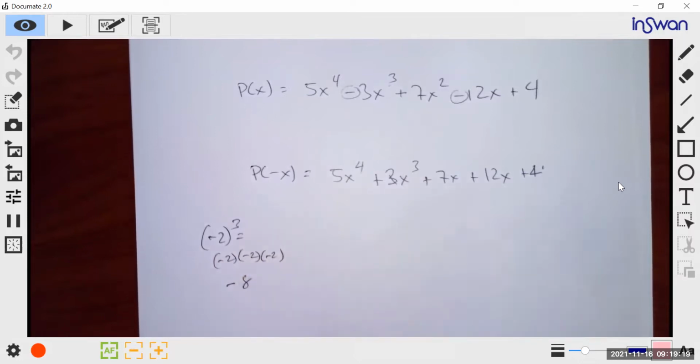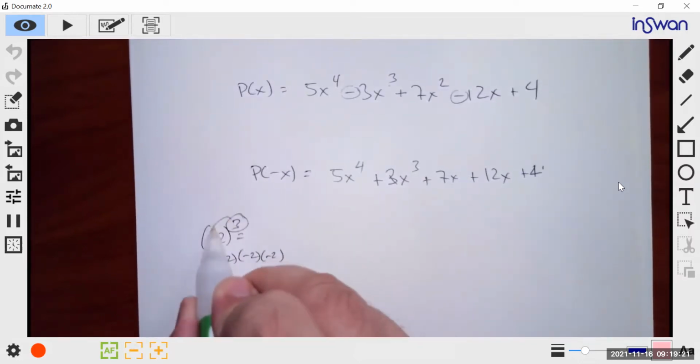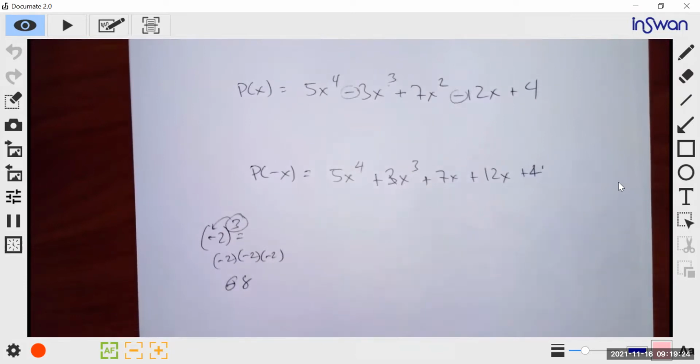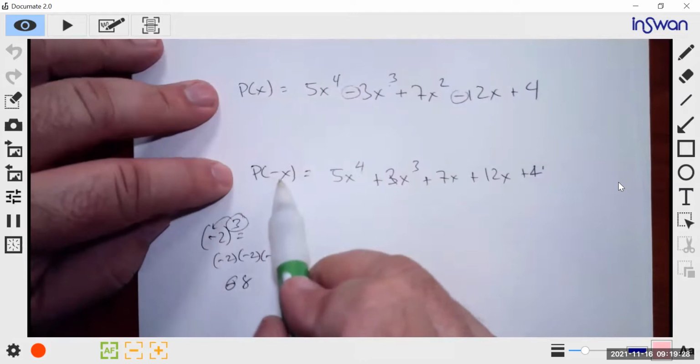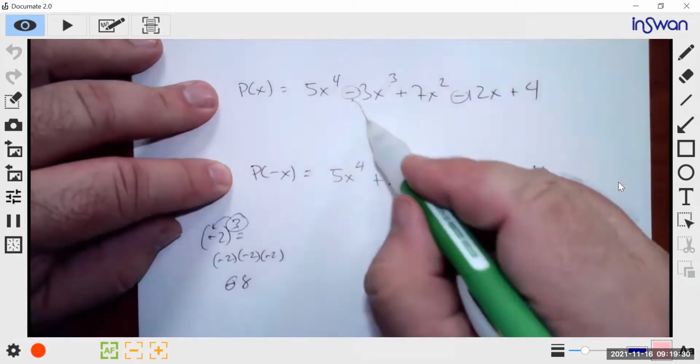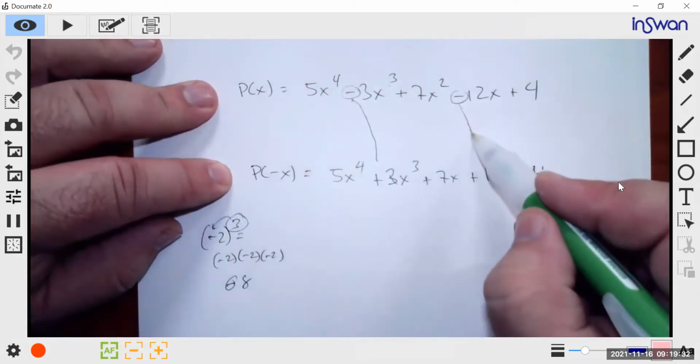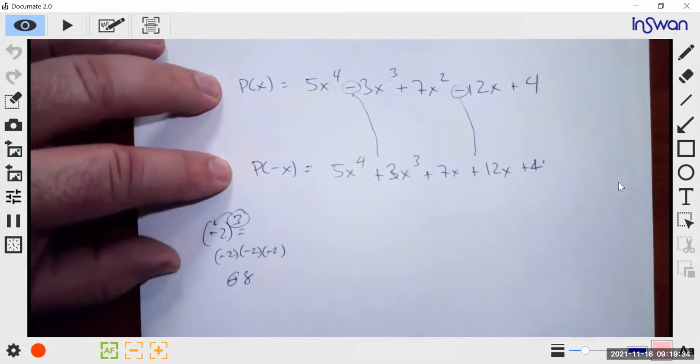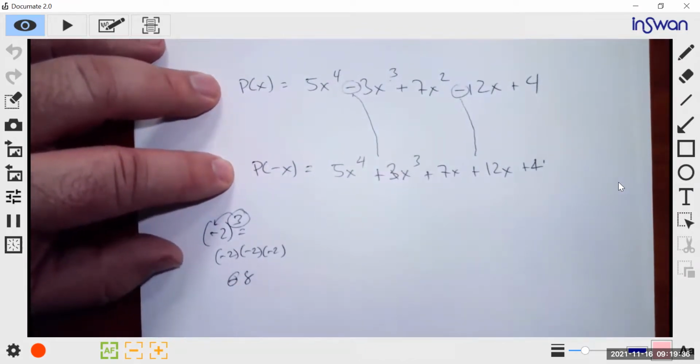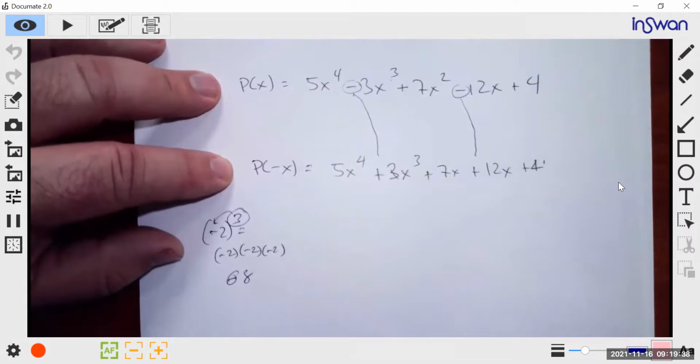The answer is going to be negative. If you have an odd power with a negative, it's going to be negative. So when you do this, just change the signs of any x that has an odd exponent. That's all you have to do. Don't worry about the even ones.